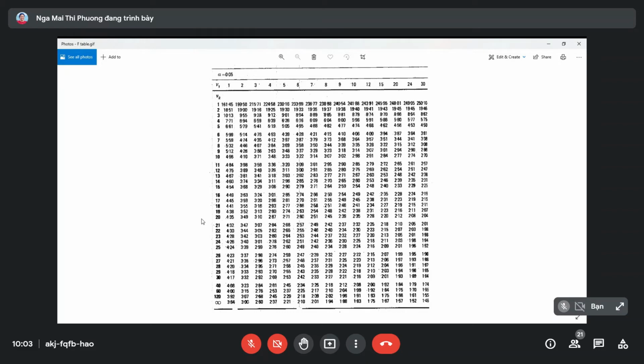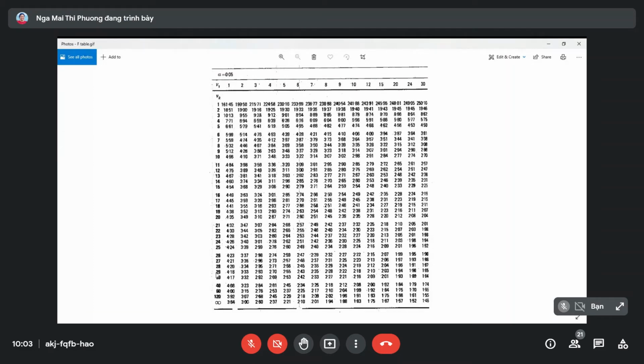Okay. So variance of errors. How many degrees of freedom for variance of error? Now tell me. 29. 29, okay.